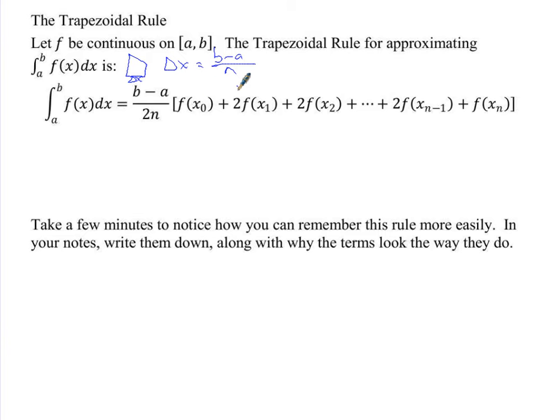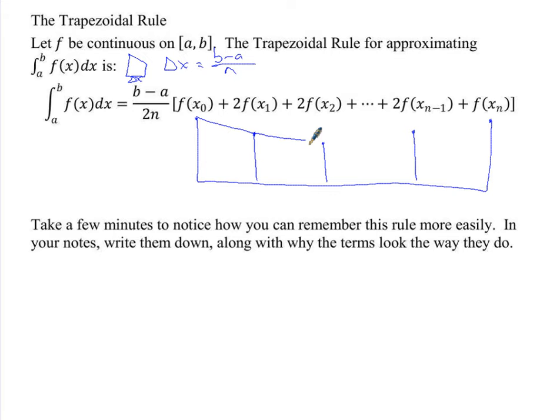How come there's a 2 in front of that f of x sub 1? That's right. Good job. So if I draw just a really terrible sketch here, I'll put a dot here, here, here, here, and here. Let's say I'm trying to form that area underneath the curve, so I'm going to draw trapezoids. By the way, you guys are going to be doing that.